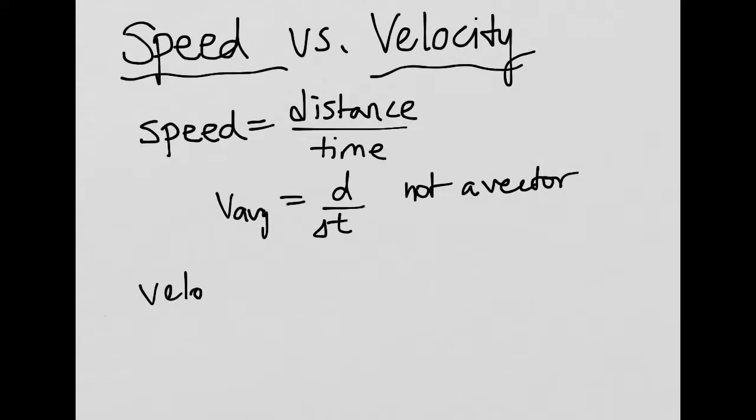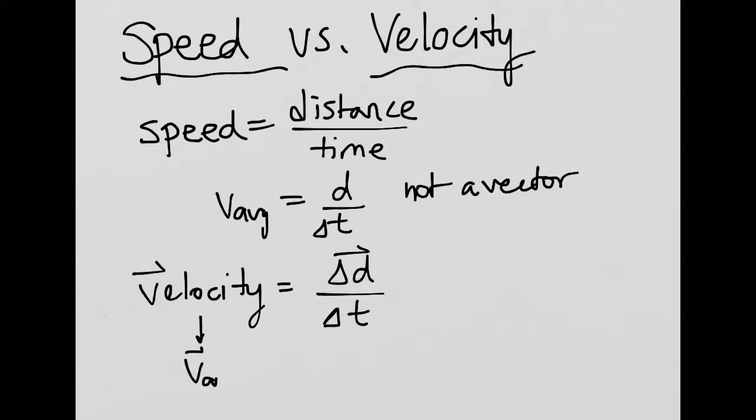Velocity, however, uses the idea of displacement over change in time. So velocity, being a vector, has the symbol v average, and uses the change in position, this guy here, over the total time, just as this one used the total time as well.